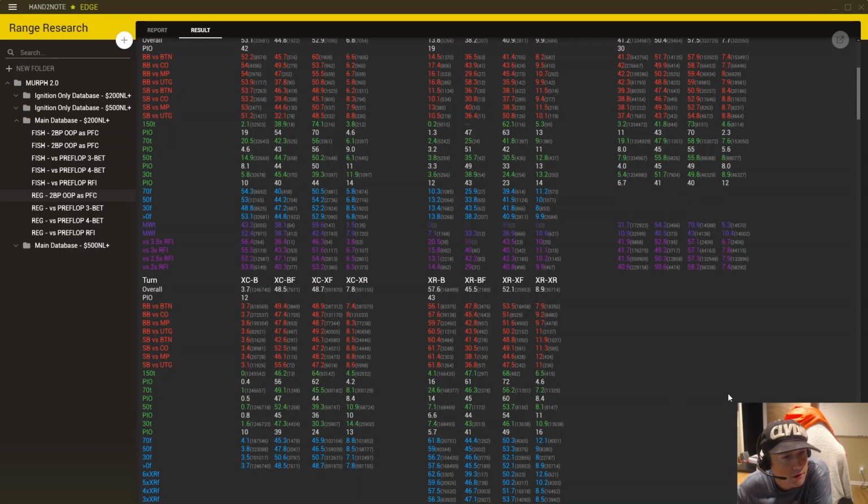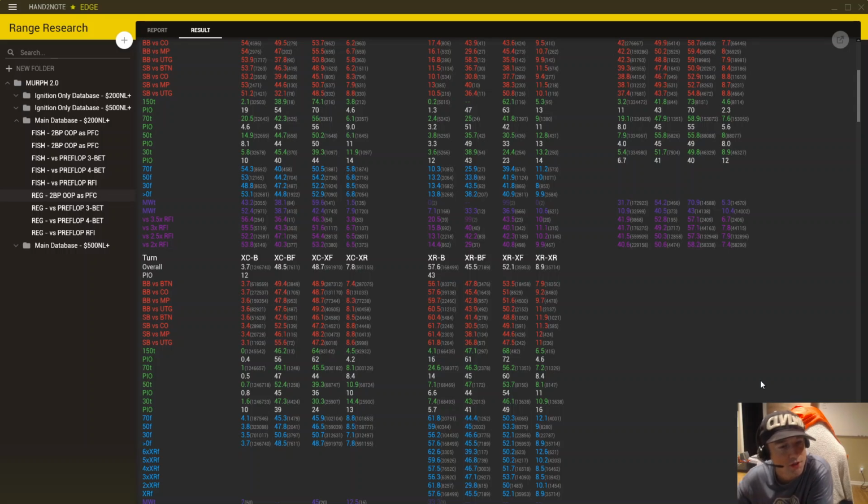Let's see here. It's still not too bad here, actually, believe it or not, over this entire database. Like the small bet, which part of it is probably you really shouldn't be using it. It's not used all that much. They are overfolding against the small bet. 30% in the pool versus 24% from the PIO frequencies.